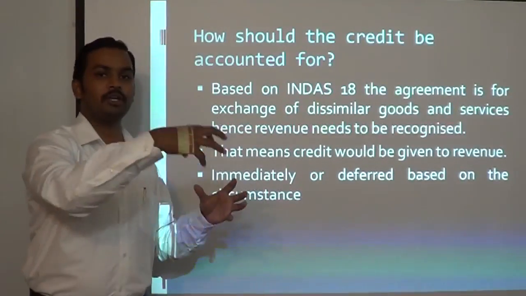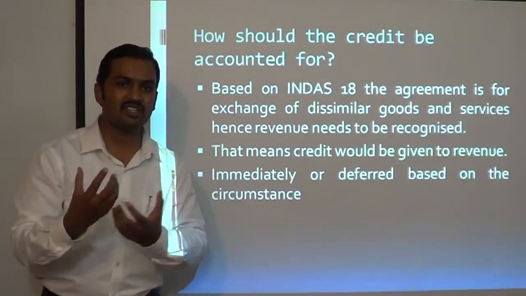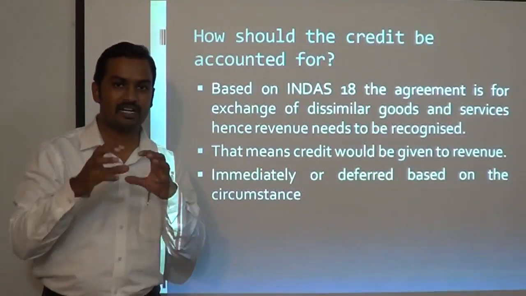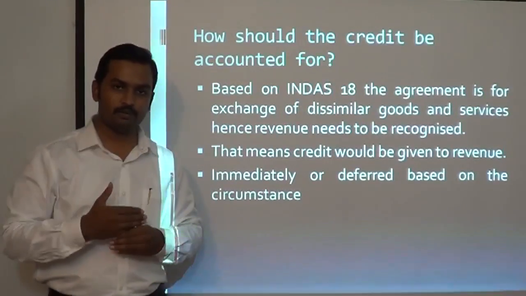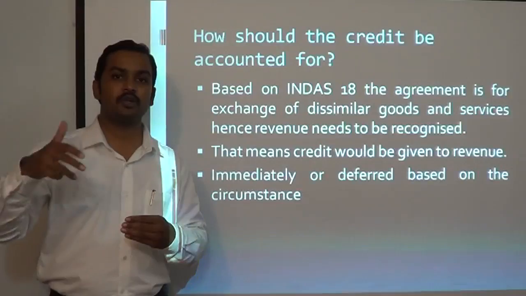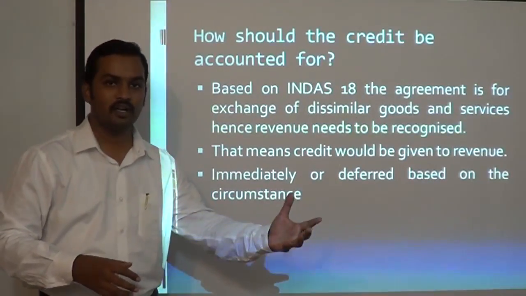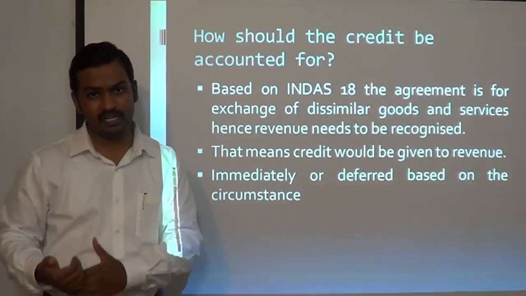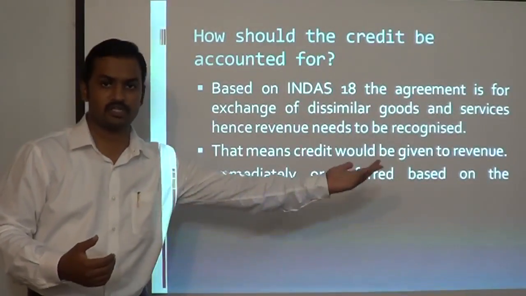Connection or ongoing access to supply of goods and services, or sometimes both. That means what I have exchanged are not similar. That is why we have to recognize some revenue. Okay, that means when I receive an item of property, plant, equipment, I should give credit to revenue. Revenue can be recognized immediately or sometimes deferred. When we can recognize revenue immediately, and when we should recognize the revenue on a deferred basis, is what we are going to discuss later.